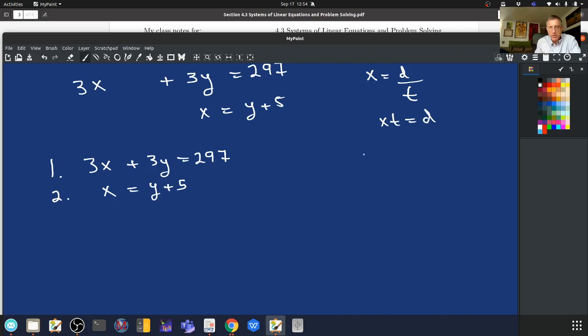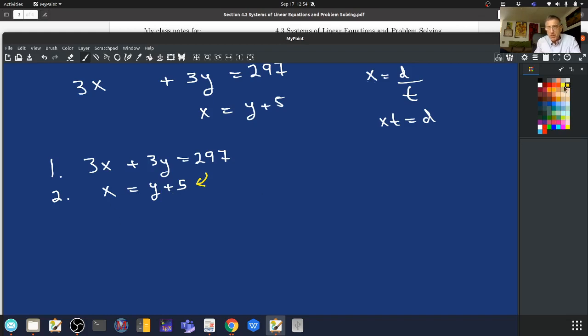So here I want you to think for a second. We have two methods to solve this. Which do you think is the best one? Now both work, but I'm going to suggest the substitution method is the best because I already have x in terms of the variable y.